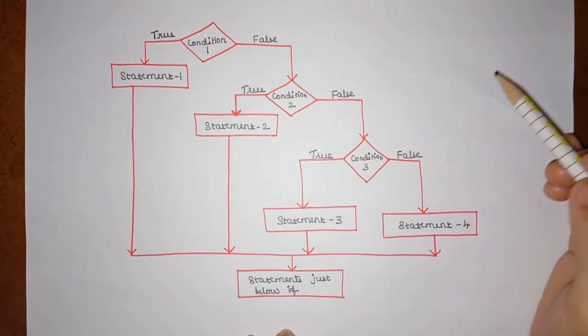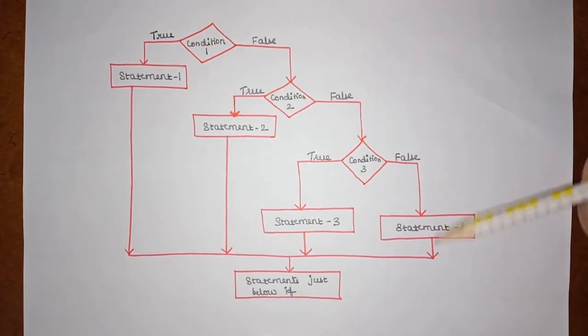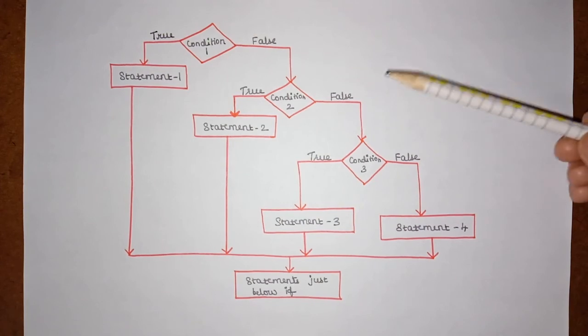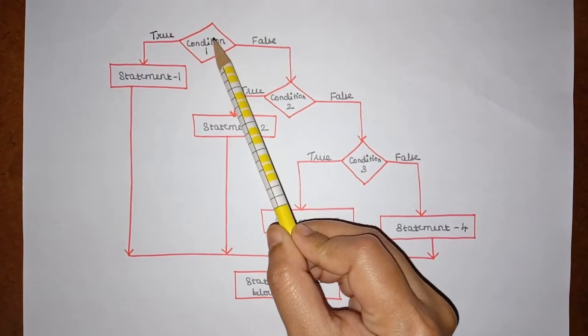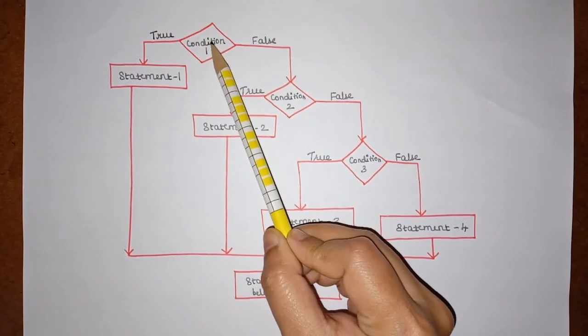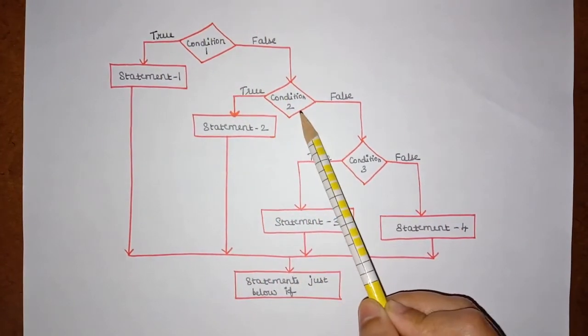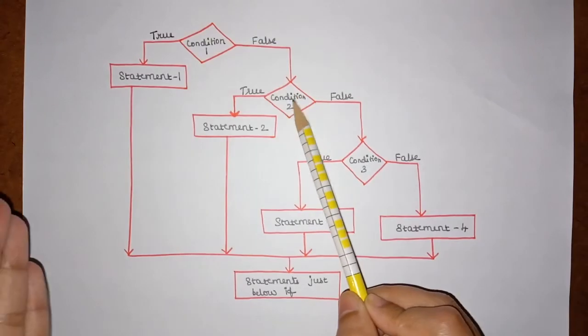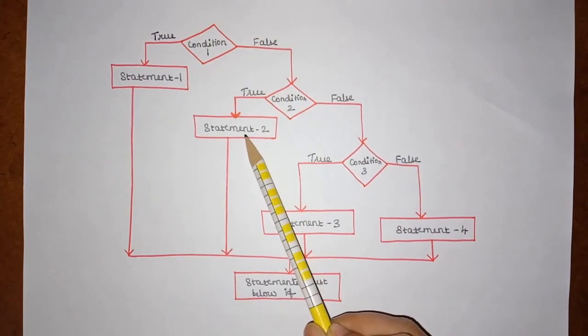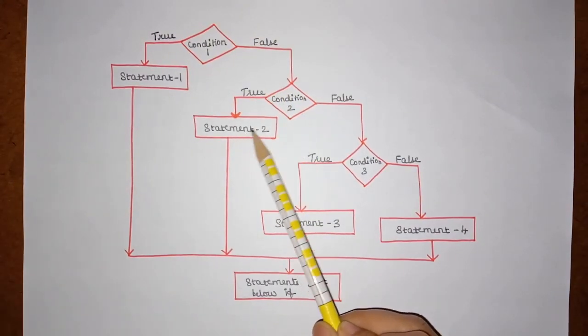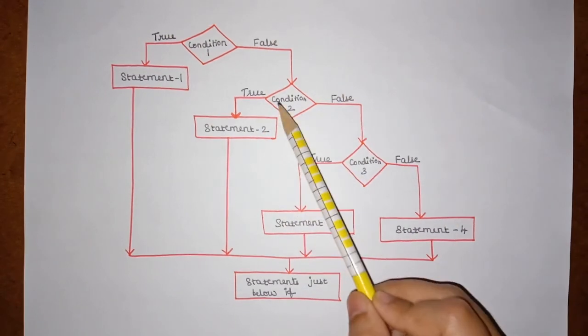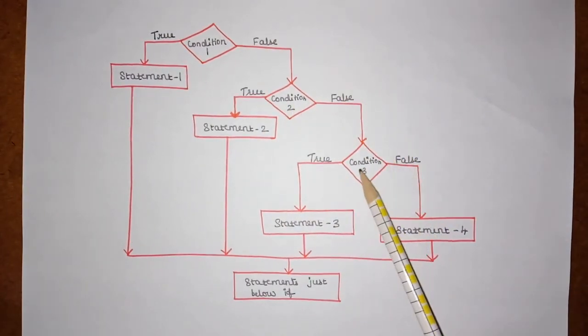Before going into the example, I would like to show you the flow chart for this else if ladder, and this is the flow chart. First we are checking the condition. If the first condition is true, then it executes statement 1. If the condition is false, again it will check for the next condition, and if this condition is true, it executes the next block of true statements. If this is also false, then it will move to the next condition.